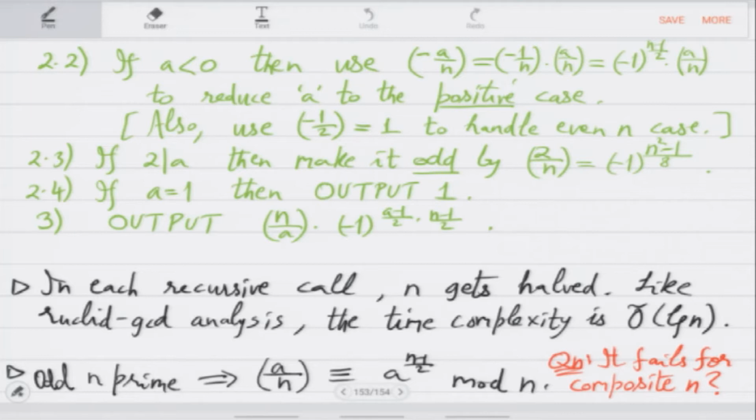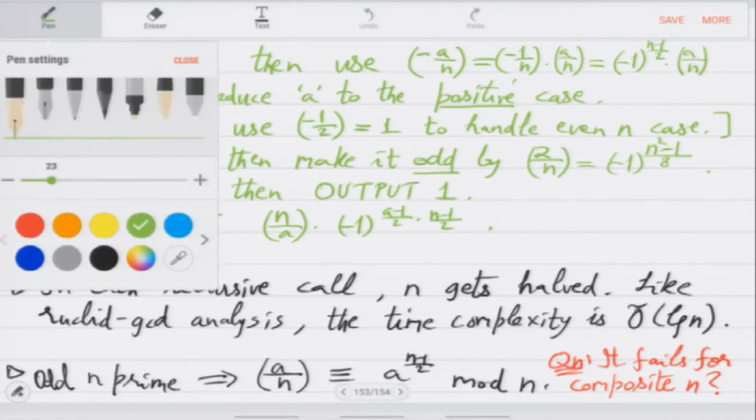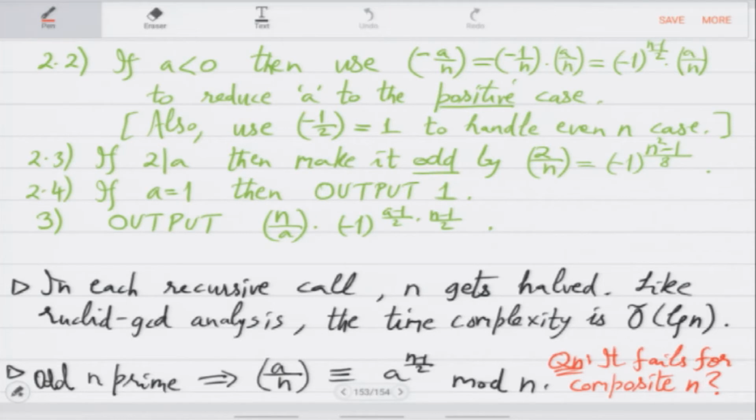Then when you repeat, you will be reducing n mod a. So every time n is getting halved, that was the main point. This is why it is so similar to Euclid's GCD algorithm. Division causes the halving, and the complexity is O tilde log n. So it's a very fast way to compute the Jacobi symbol.